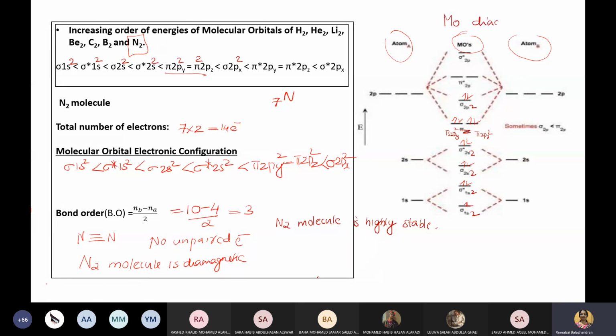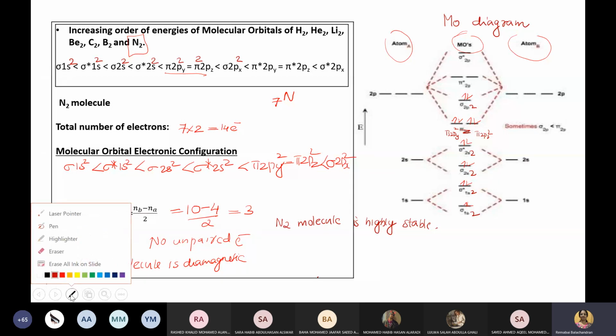Did you understand, or do you have a question? Any doubt? Doctor, I understand everything, but the molecular orbital electronic configuration, I didn't understand it. That is the basic thing. If you don't understand this, you don't get anything, my dear. Which part of it you didn't understand?